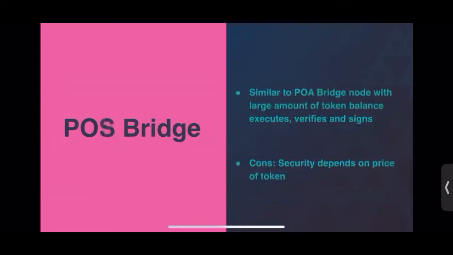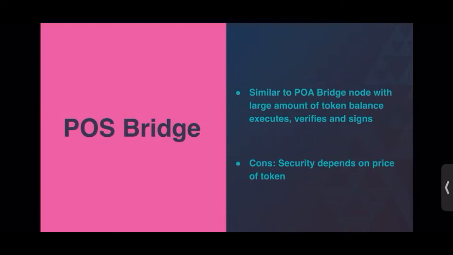Now, when it comes to proof of stake bridges, instead of one node, you're giving it to the one person with the most number of token balances. And this is, I would say, one of the most popular bridging mechanisms, but still less understood because personally, to me, I'm very sad that it's more akin to a centralized model than a decentralized one for now.